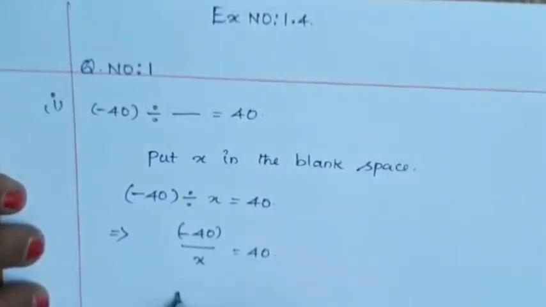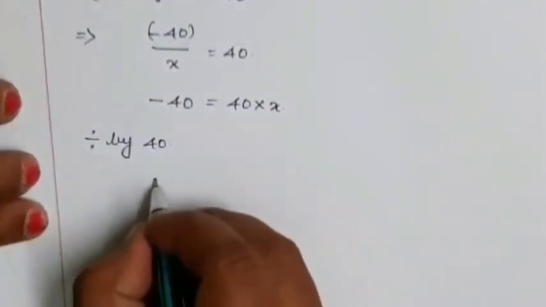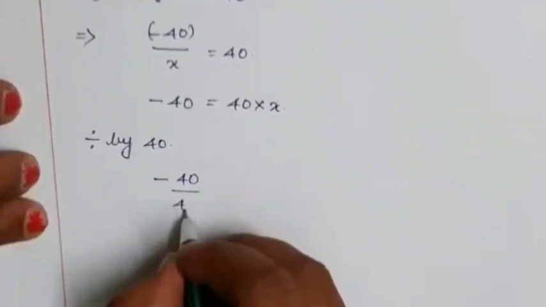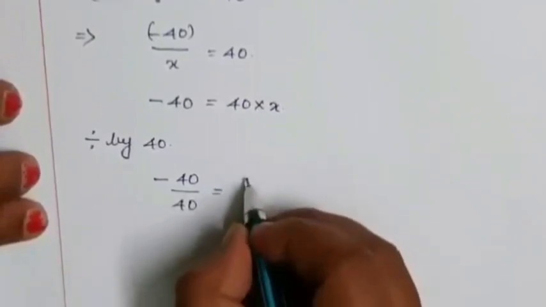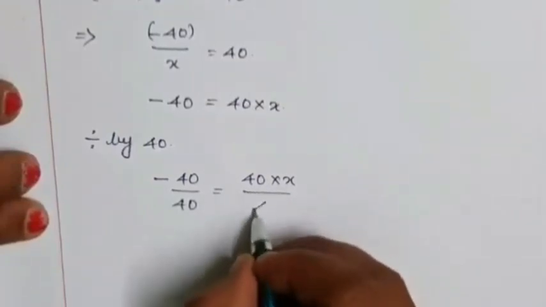Take cross multiplication. Minus 40 is equal to 40 into x. Divide by 40 on both sides. Minus 40 divided by 40 is equal to 40 into x divided by 40.